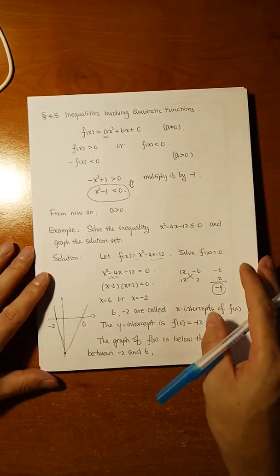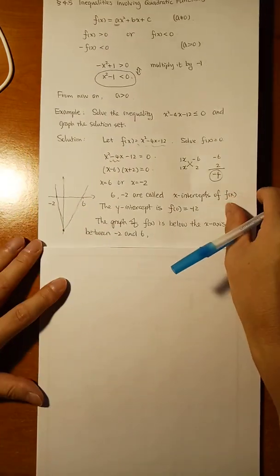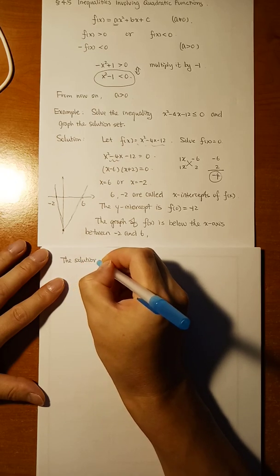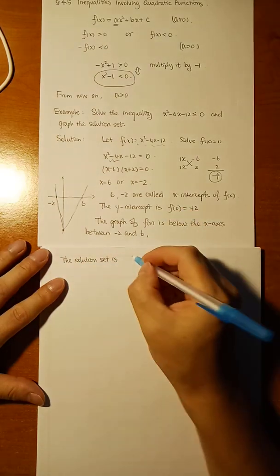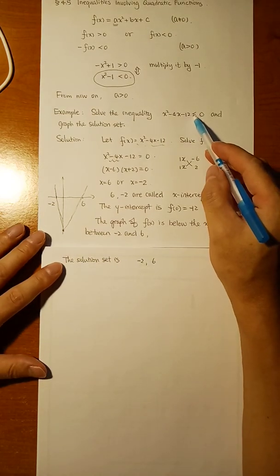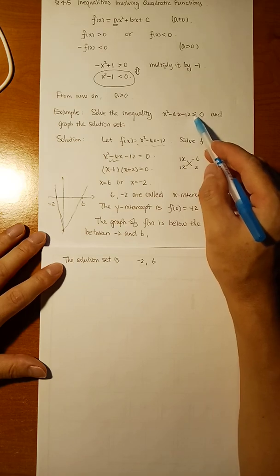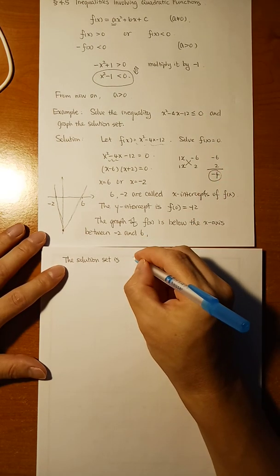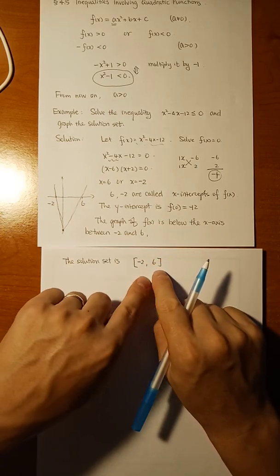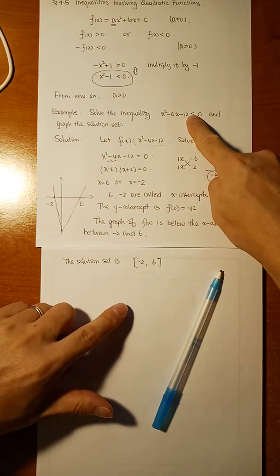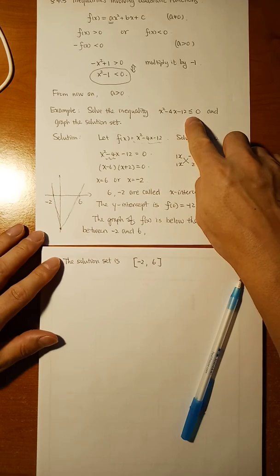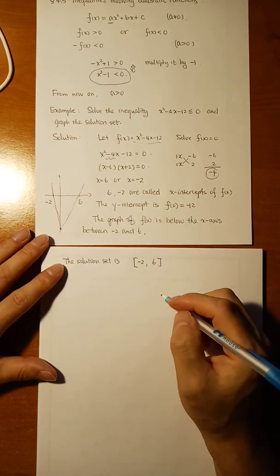So the solution set is between -2 and 6. And because this inequality includes the equal sign, you also include the endpoints, -2 and 6. If there is no equal sign, you use parentheses. Here you use brackets because you have this equal sign. So this is the solution set.